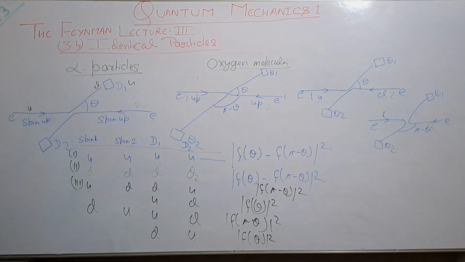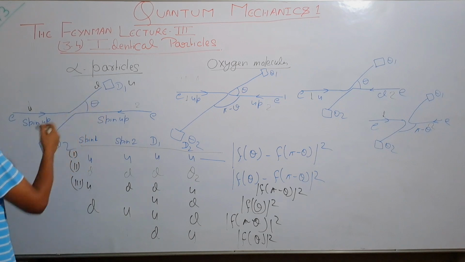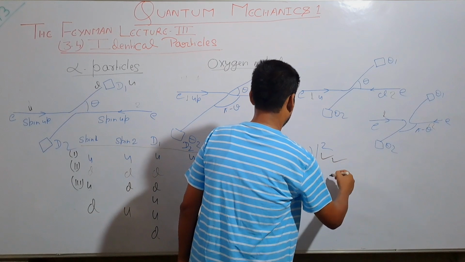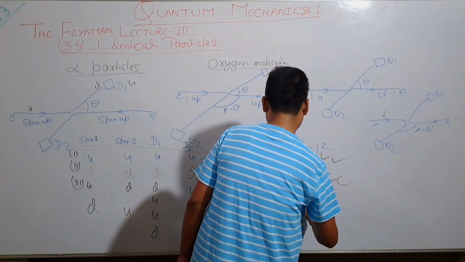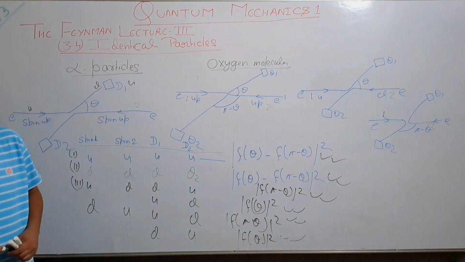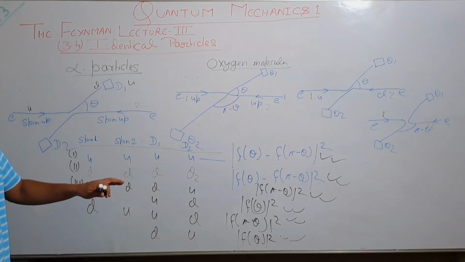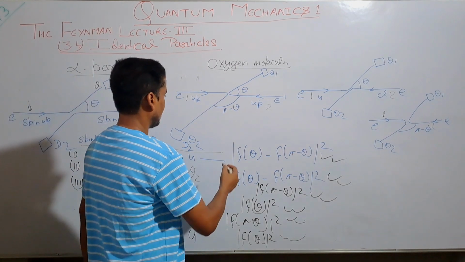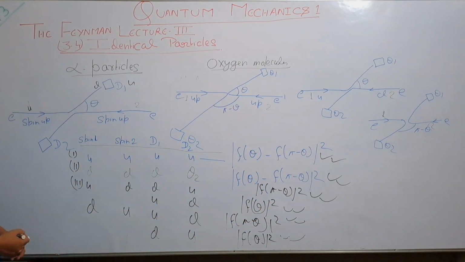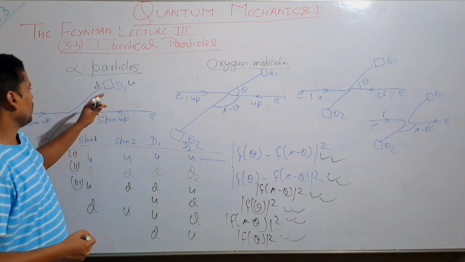So these are the probabilities of getting a certain spin at D1. These are the 5 probabilities of getting particles of different spin. So the total probability is half of all these probabilities: we can add all these probabilities and divide by 2. That will be the total probability of getting an electron at D1.